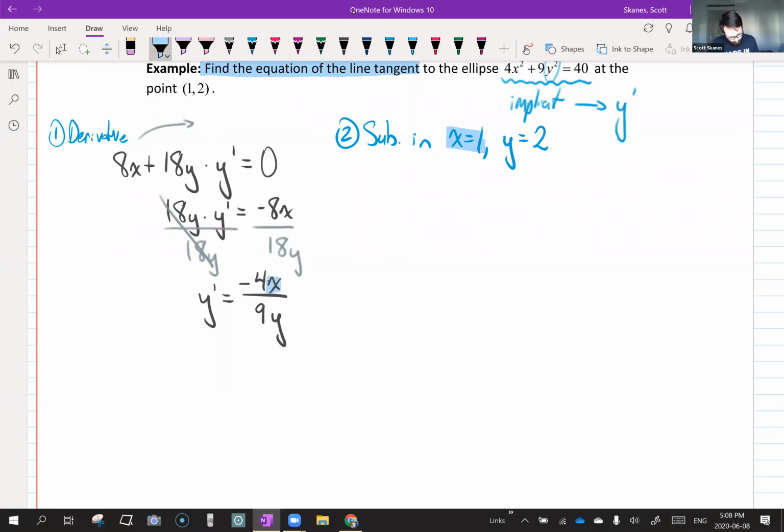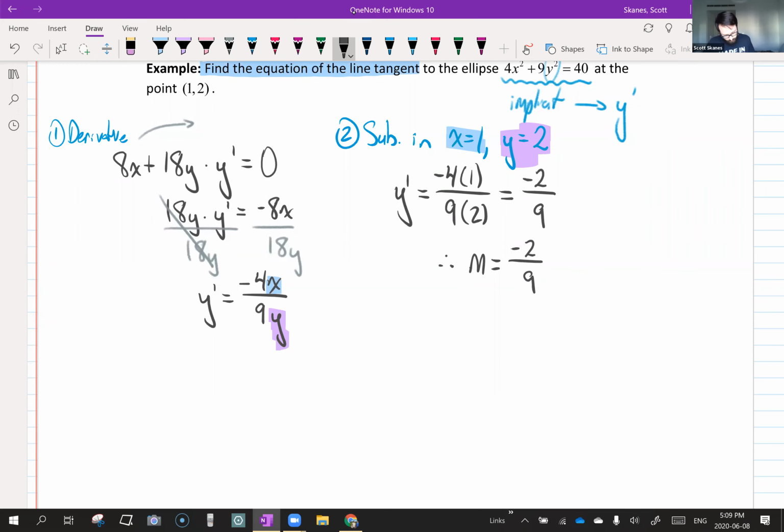X equals 1, y equals 2. What do we have? Y prime is -4 times 1 over 9 times 2. That simplifies out to -2 over 9. That means, therefore, m is -2 over 9. That's what those two dots mean. It just means if this is true, then I know m.